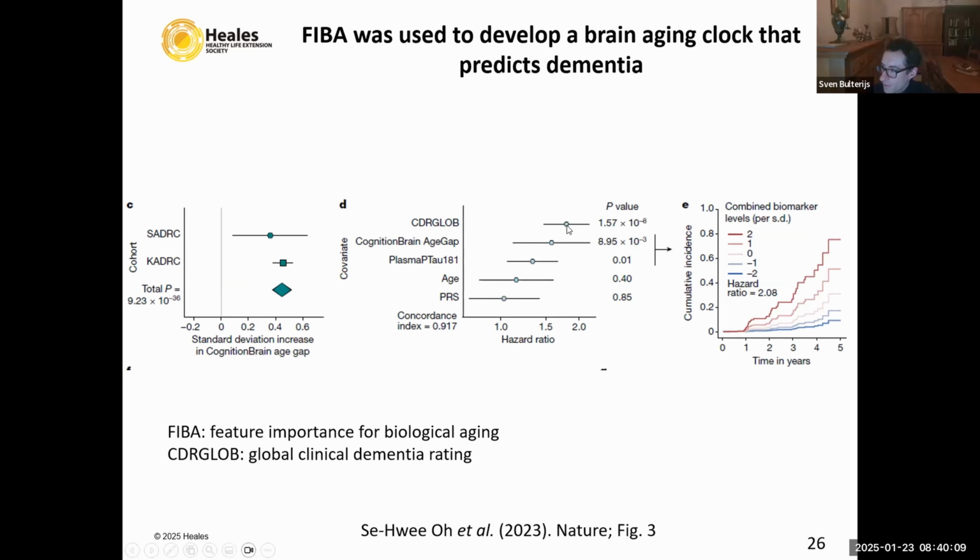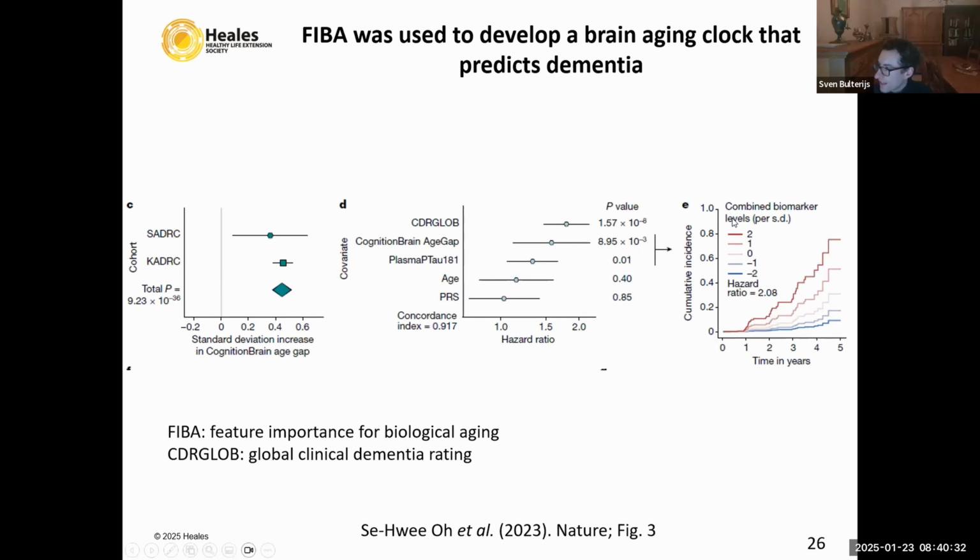So it's very well predicting if someone has dementia, yes or no. So that's cognitive tests, right? And then here you use their new brain aging clock, and their brain aging clock is capturing very well if someone has dementia or not, much better than, for example, the plasma tau levels, age, or any other things.